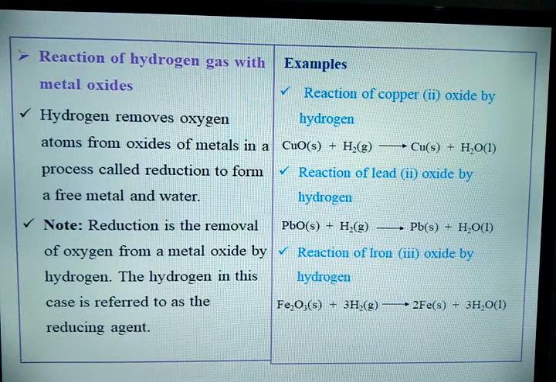If it reacts with copper 2 oxide, we are going to form copper and water. If it reacts with lead 2 oxide, we are going to form lead and water, just like these equations tell us. And if it reacts with iron 3 oxide, we are going to form iron and water. So either way, we have to get a metal free of oxygen and water.